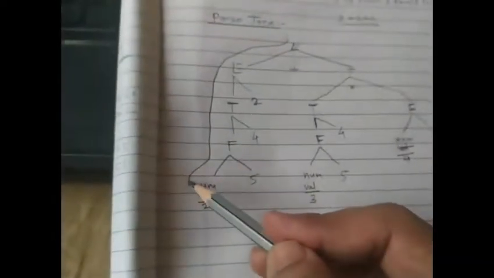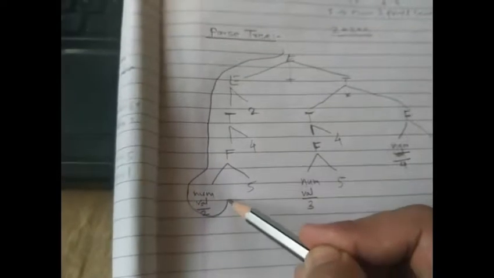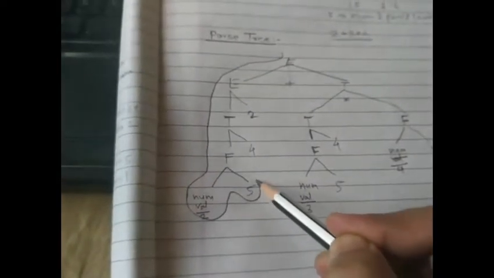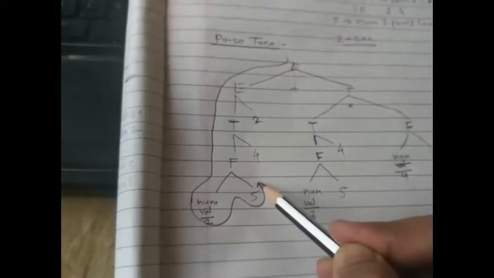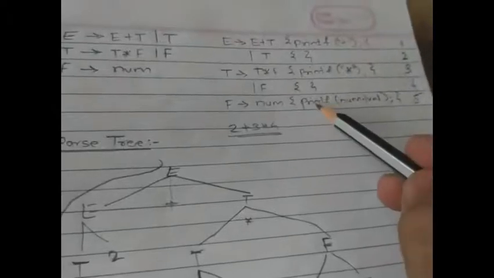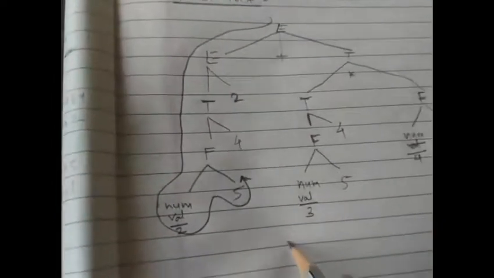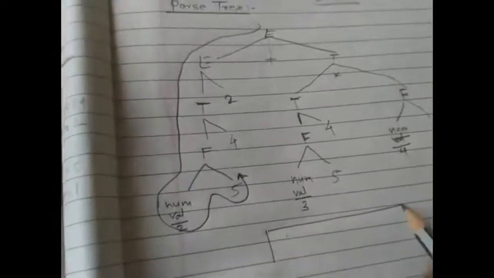With top-down parsing, I come here and at this 5 I have the semantic action 5. What is semantic action 5? It prints the num value. What is the num value? Print num value equal to 2. So the value printed will be, I am just making a box here.